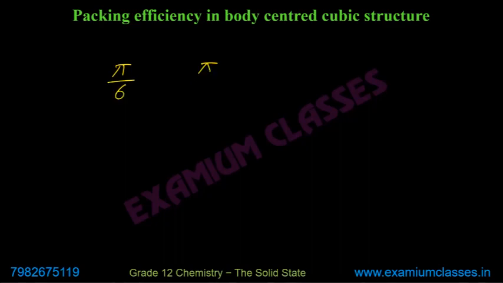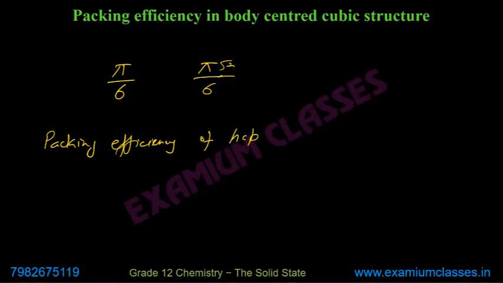Here it is pi by 3 root 2, which is actually pi root 2 by 6. So packing efficiency of HCP or CCP or FCC is root 2 times packing efficiency of simple cubic.